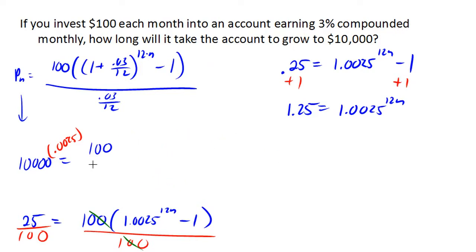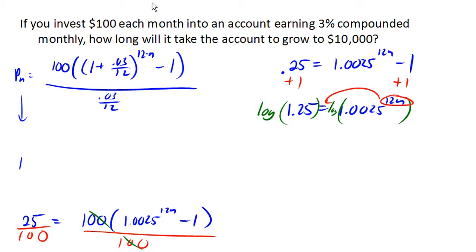Now we have the exponential by itself, so now we can apply the logarithm to both sides of the equation. And the logarithm lets us take that exponent and pull it down in front. So we'll have log of 1.25 equals 12n times the log of 1.0025.